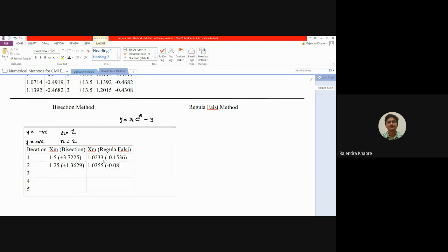Minus 0.0834. Okay, good. For bisection, 1.125, and 0.4652. Okay, good.